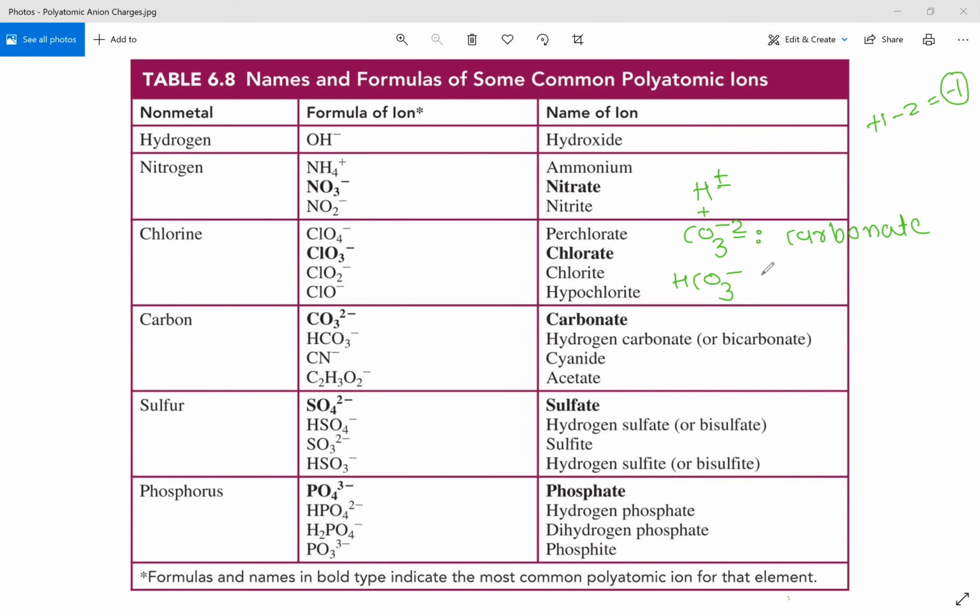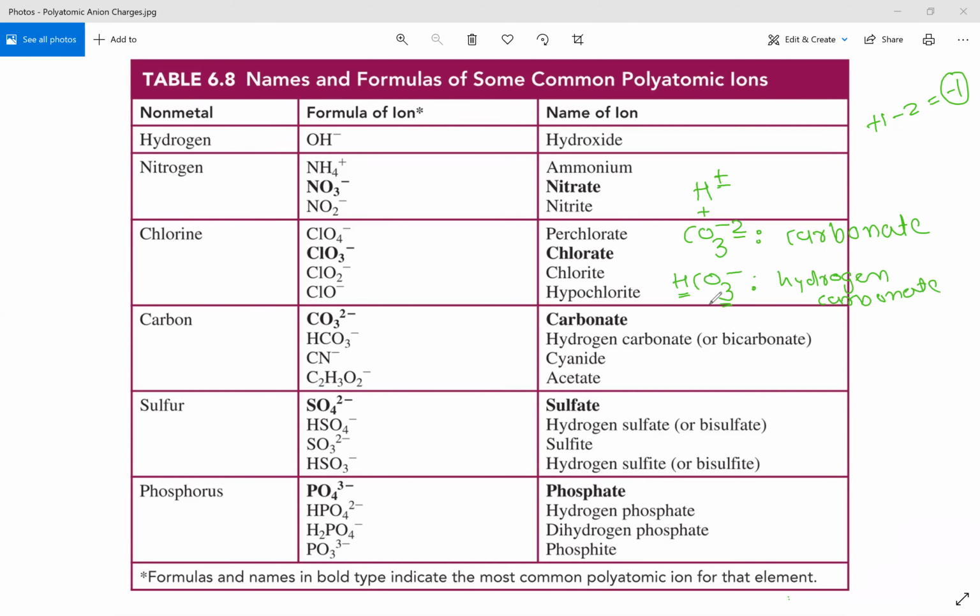If you have HCO3 minus 1, you can see the hydrogen in front of it, because we have hydrogen attached to the carbonate. It is called hydrogen carbonate. That is the name of this anion. Why do we call it that?